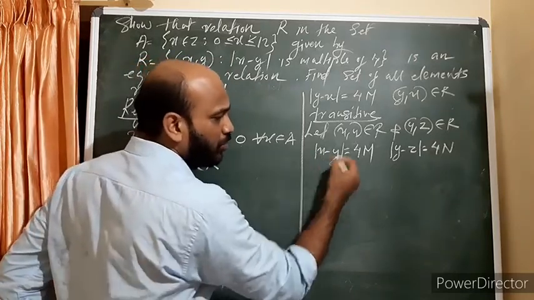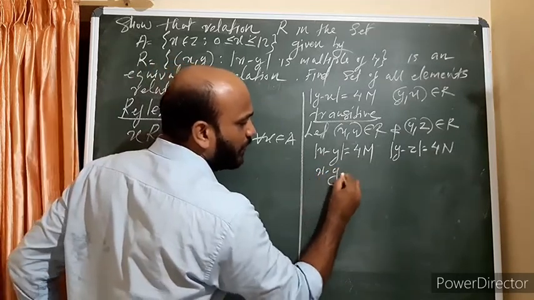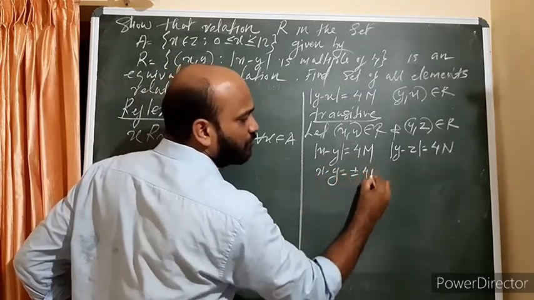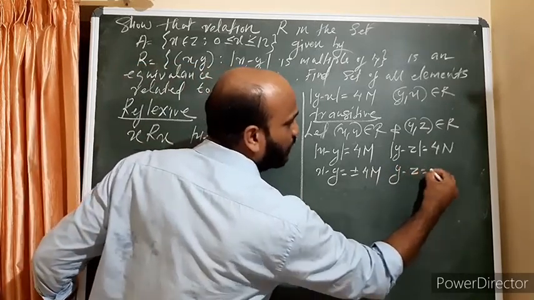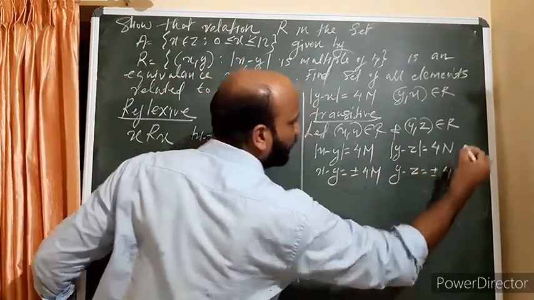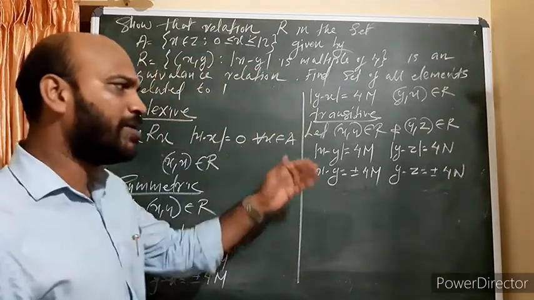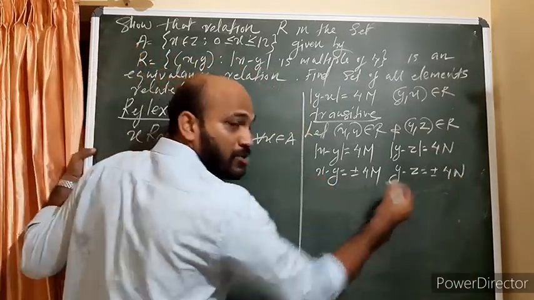So just remove the modulus. We get x minus y equal to plus or minus 4m, and y minus z equal to plus or minus 4n. So we are getting two equations. Just add these two equations.